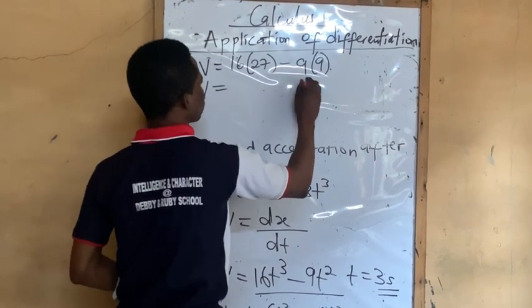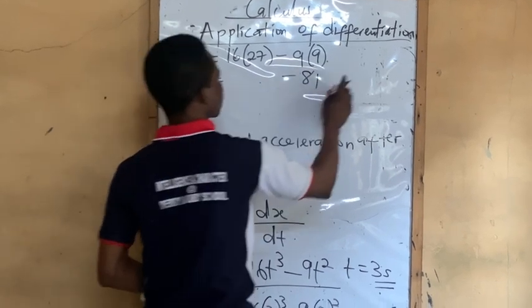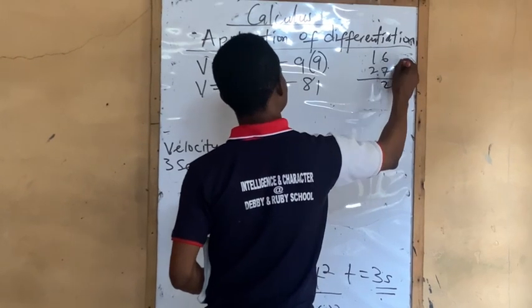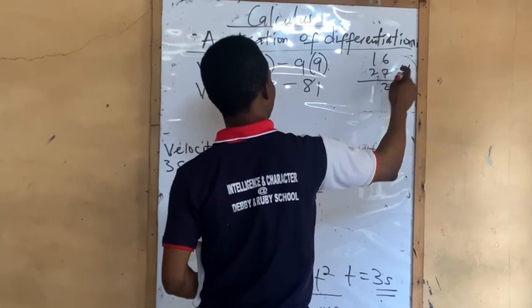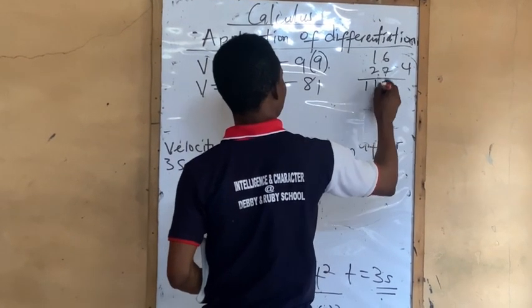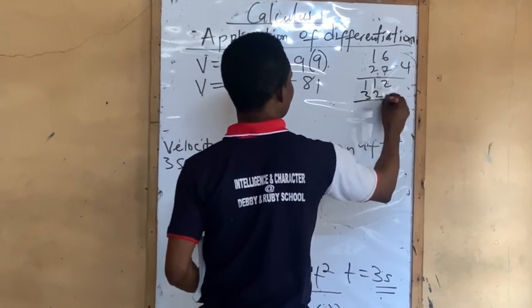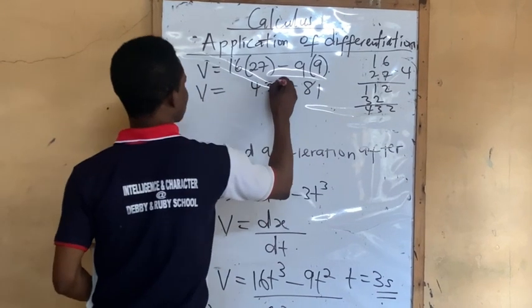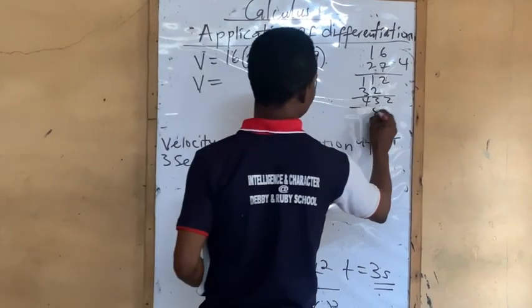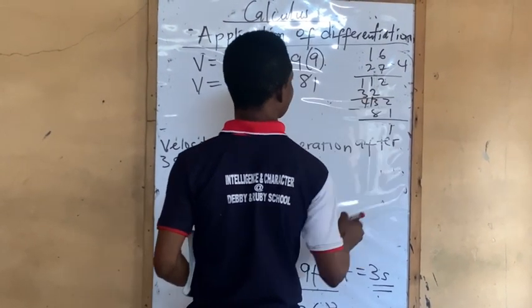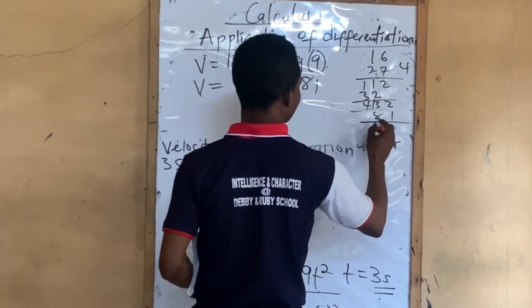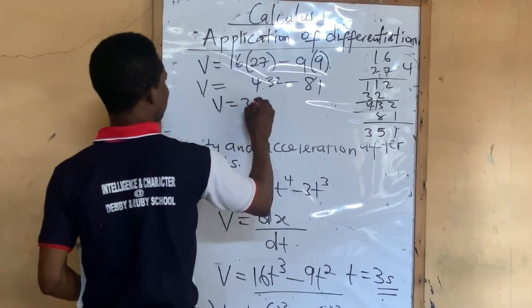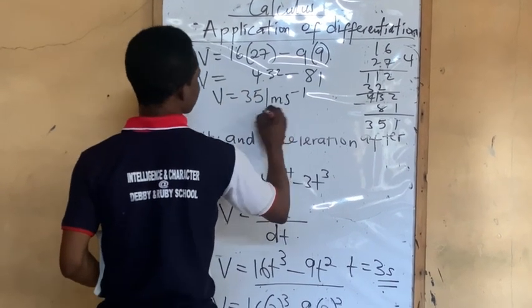This one will give us 81, minus 16 times 27, which is 432. So 432 minus 81 is 351. So the velocity is 351 meters per second.